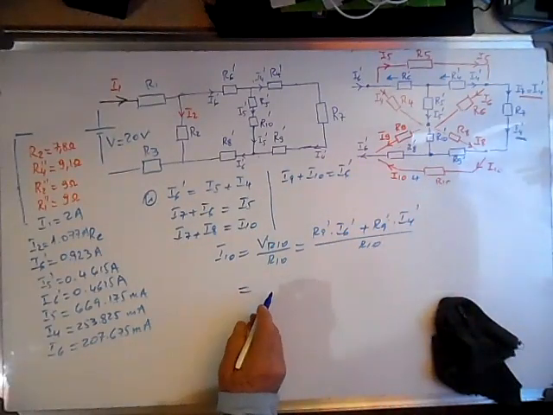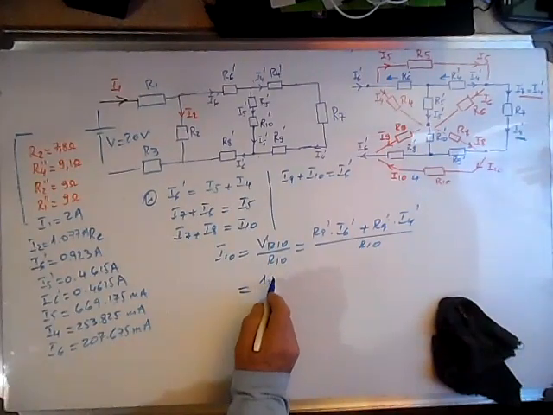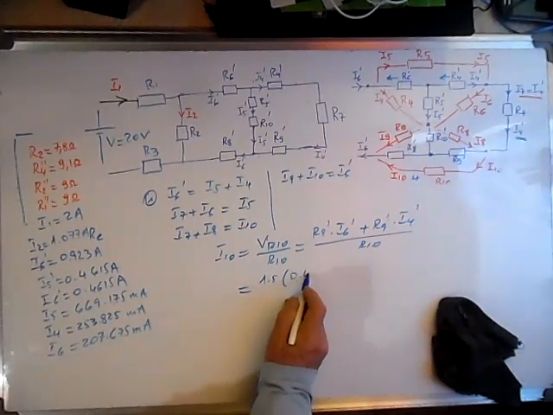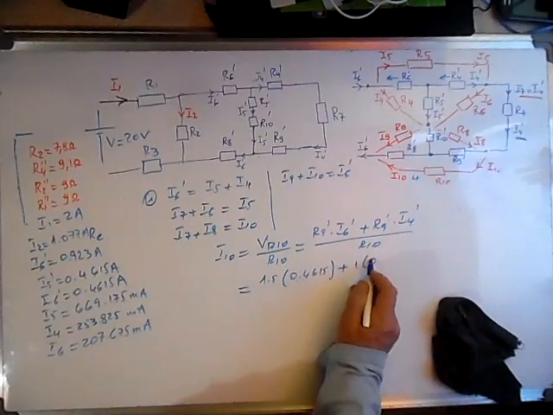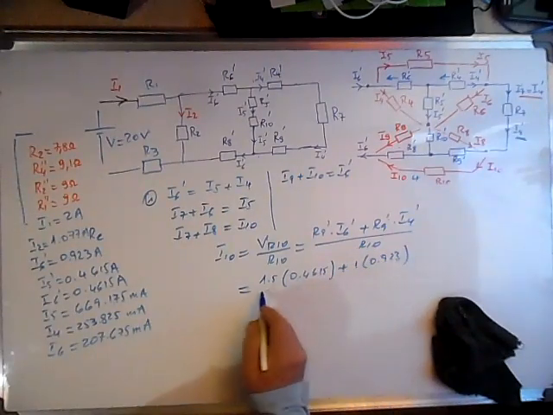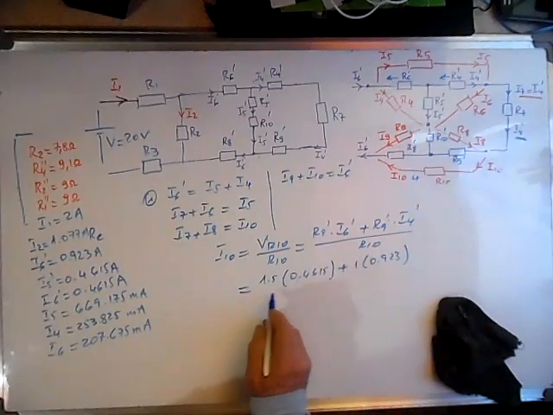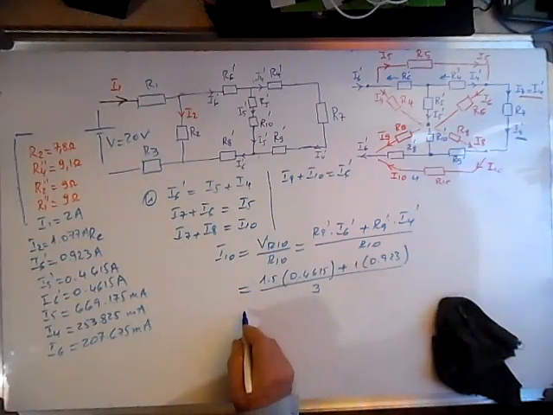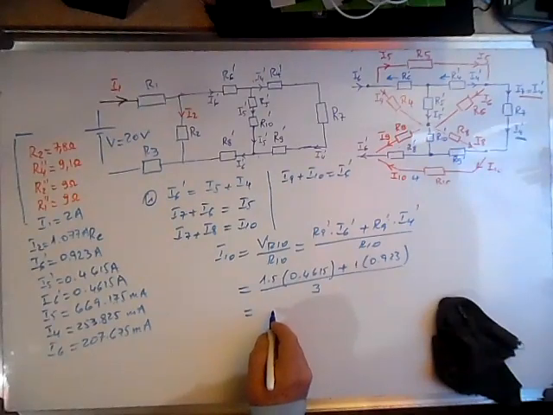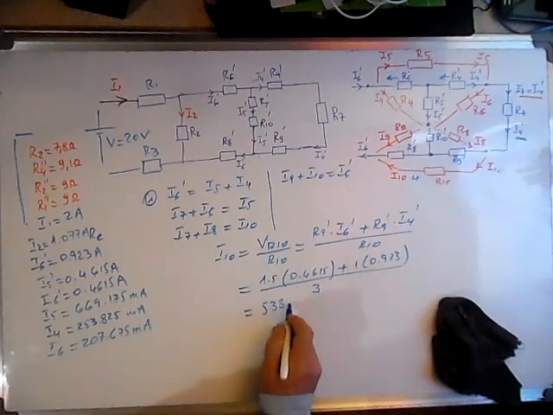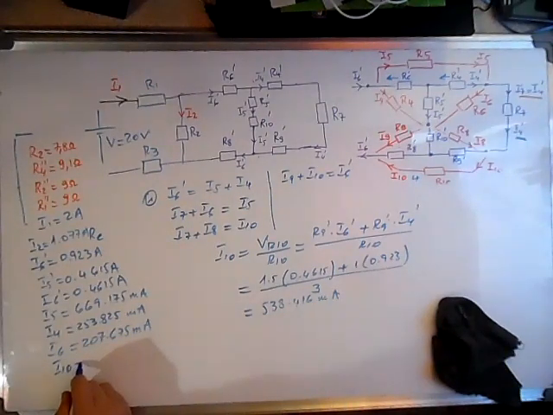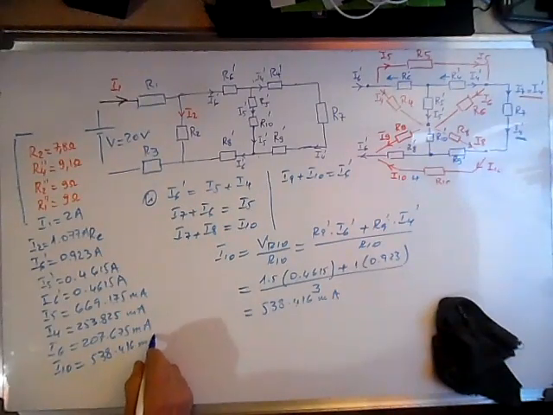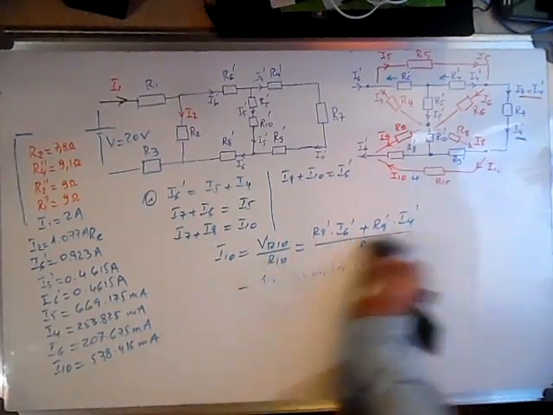This is 1.5 times 0.4615 plus 1 times 0.923 over R10. R10 is 3, so I10 is equal to 538.416 milliamp. I write I10 is equal to 538.416 milliamp.